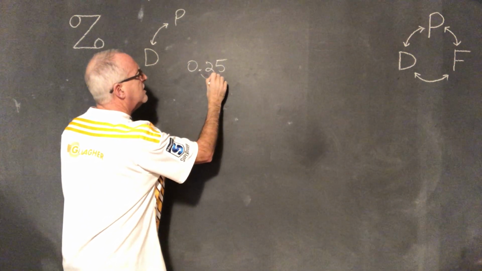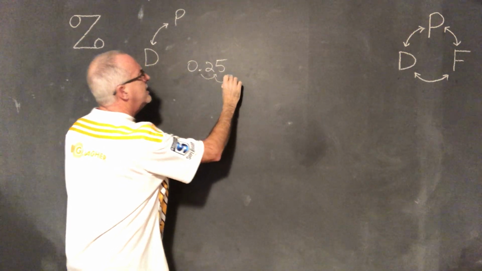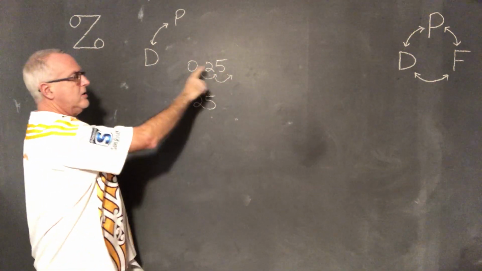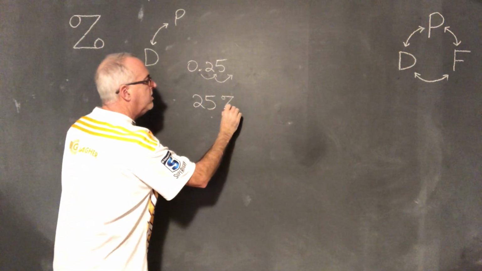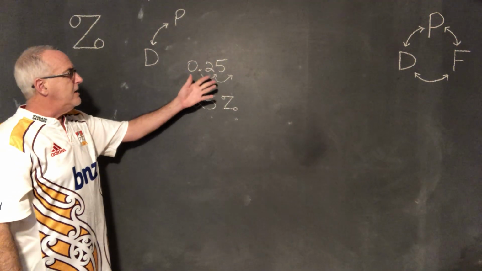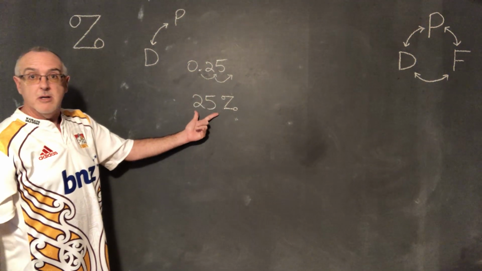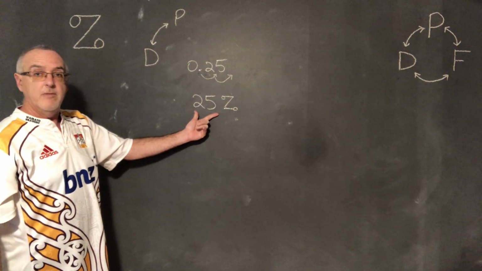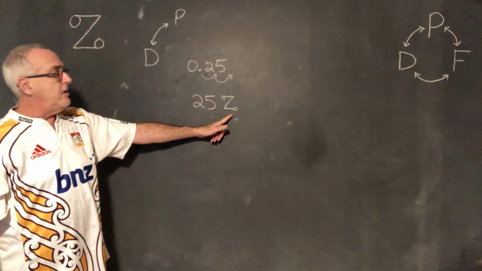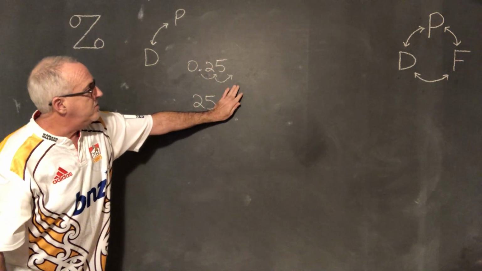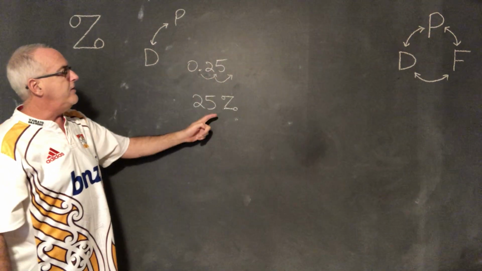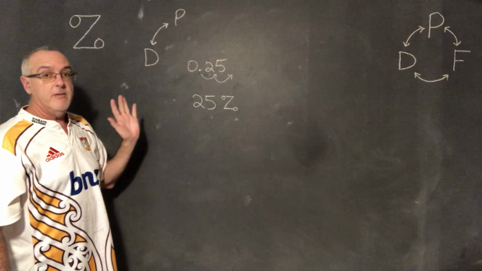I'm moving the decimal 2 places to the right to convert from a decimal into a percent, but this only makes sense if I remember to apply the appropriate symbol. Even though I was working with that decimal, I didn't write down the decimal here because I didn't want it to be confusing. I know I've turned this into a percent, so I have to put the percent symbol, because if I don't, I just turn 0.25 into 25, and that's not true. But 0.25 is truly equal to 25%.